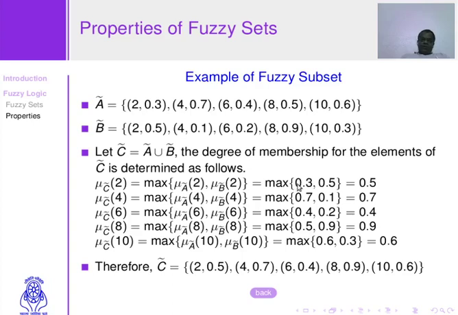In fuzzy set A it is 0.3, in fuzzy set B it is 0.5. The maximum of the two values is 0.5. For element 4, in fuzzy set A it is 0.7, in fuzzy set B it is 0.1. So the maximum of the two is 0.7. In the same way we obtain degrees of membership for all other elements, that is, compare the two values and take the maximum one.